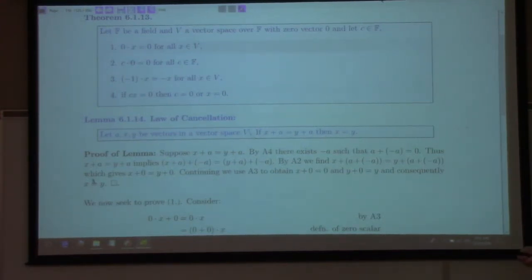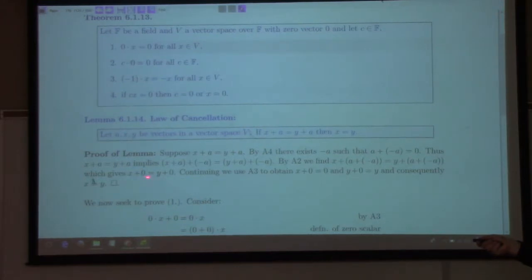I'm not going to get that nuanced in here. So we add minus a to both sides. Then by axiom 2, we can reorder the addition by associativity, right? By associativity, I can regroup the addition like so. But then by definition of additive inverse, I get 0 and 0 here, right?